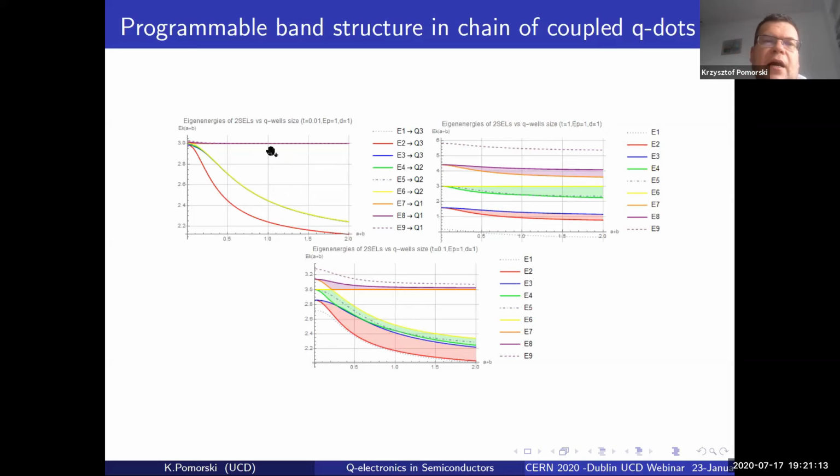So this is like an insulator. And then by increasing this hopping, this T1, you get a different band structure. So that's quite essential, that you can tune this band structure just by electrostatic control of the voltage of the gates. All right, so let me move on.